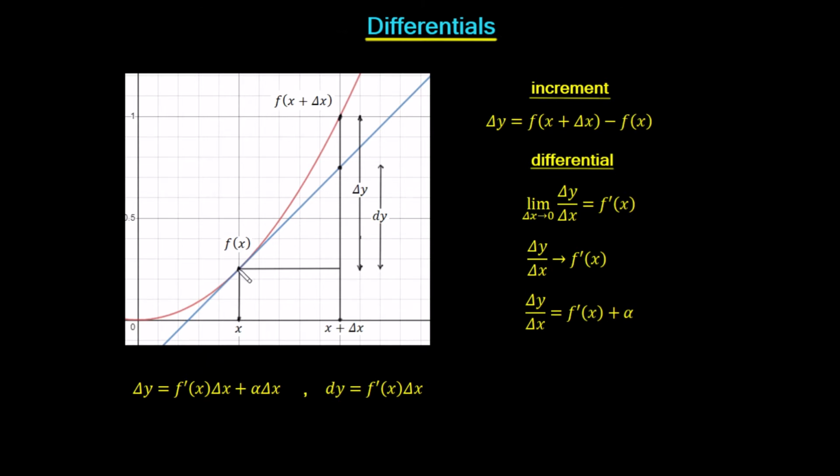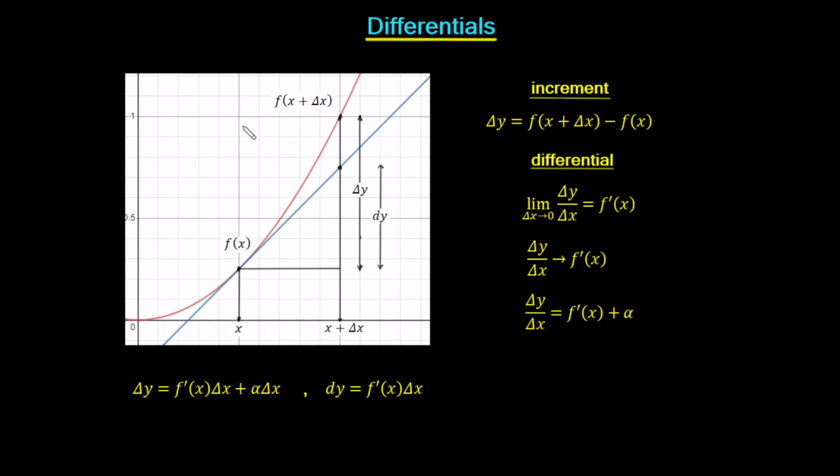Now let's say we start from this point and move along the function, which is in red, travelling in the x direction. As we travel along the x direction, of course we're travelling up, following the function up. So at the new point x plus delta x, we hit the function at f of x plus delta x.